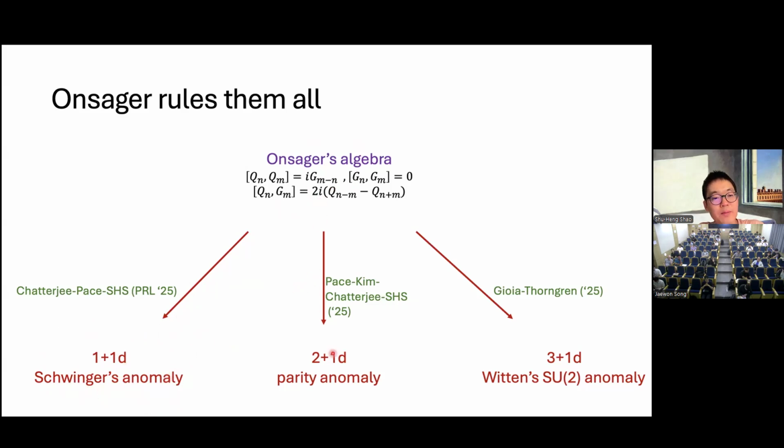If you pick a different Hamiltonian in 2 plus 1D, that goes to an SU2 valley symmetry, which has a parity anomaly. And if you pick yet another different Hamiltonian in 3 plus 1D, that goes to an SU2 flavor symmetry in the continuum that has a Witten anomaly. So somehow this Onsager algebra governs 3 different kinds of anomalies.